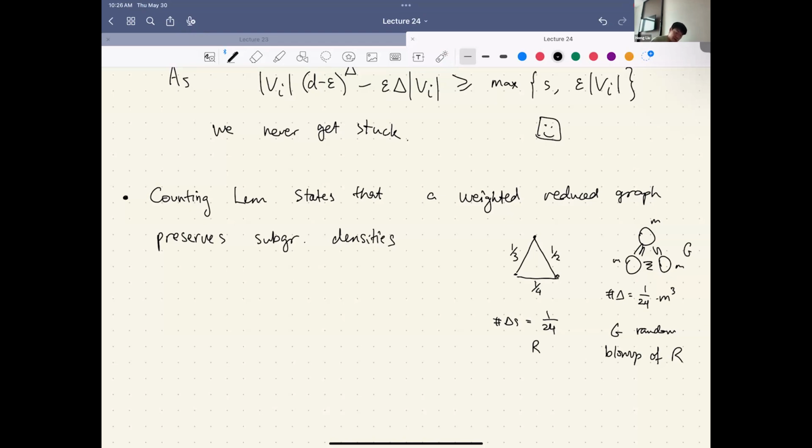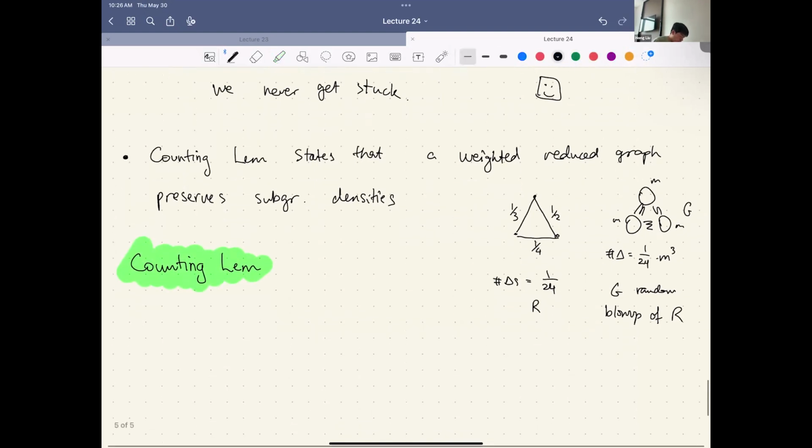And the counting lemma is saying that this is true not just for triangle, for any bounded degree, bounded size graph H. Even this graph H we want to count.